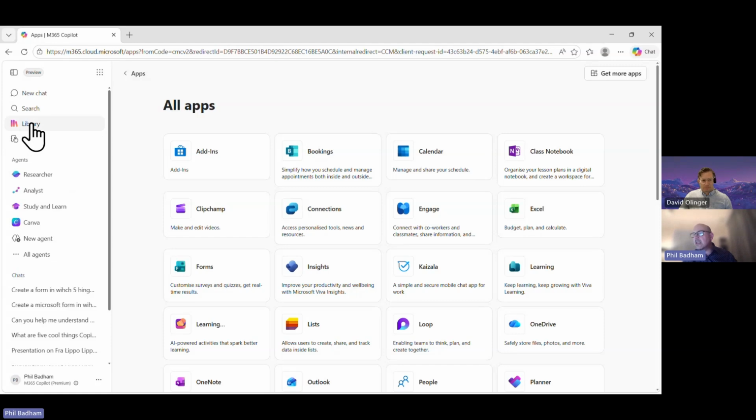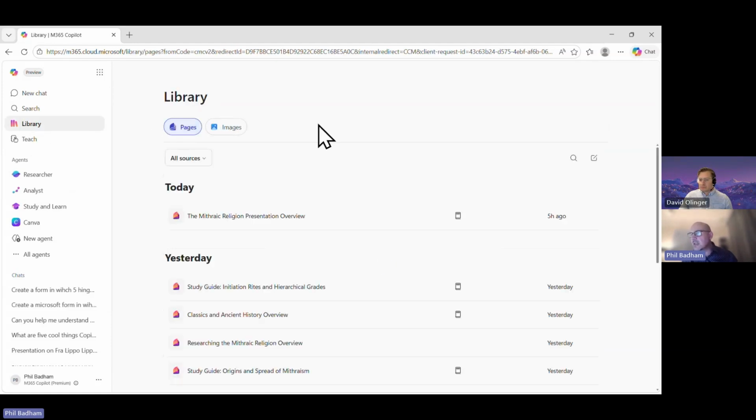The library contains lots of things such as what we call pages. Pages are just loose pieces of information that we may have gathered through our research task. There could be some content that we've put together as a learning resource. It could be a worksheet, but they exist as separate bits of information.